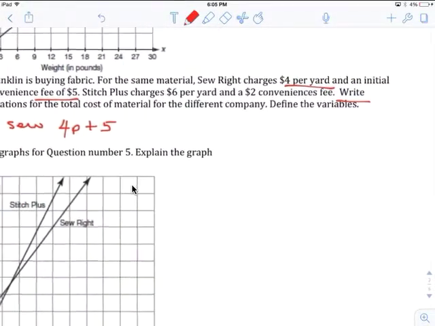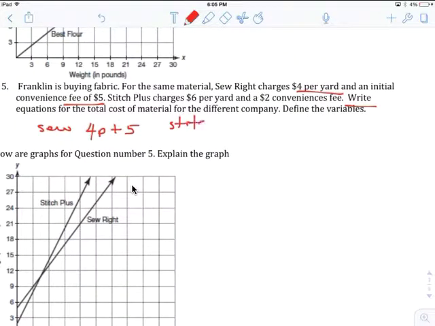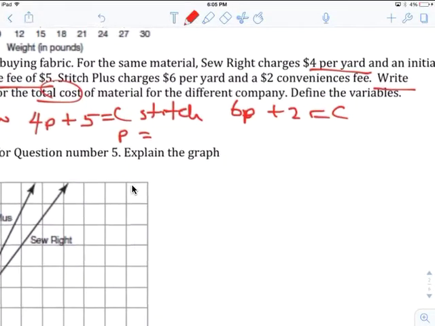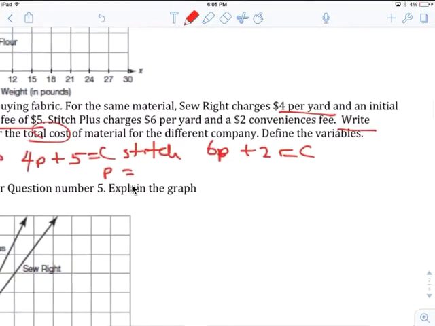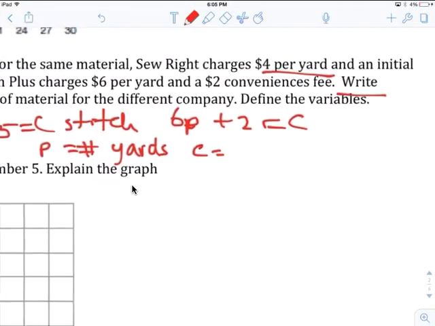The other, Stitch, is 6p plus 2. P equals the number of yards a customer orders. C equals the total cost.